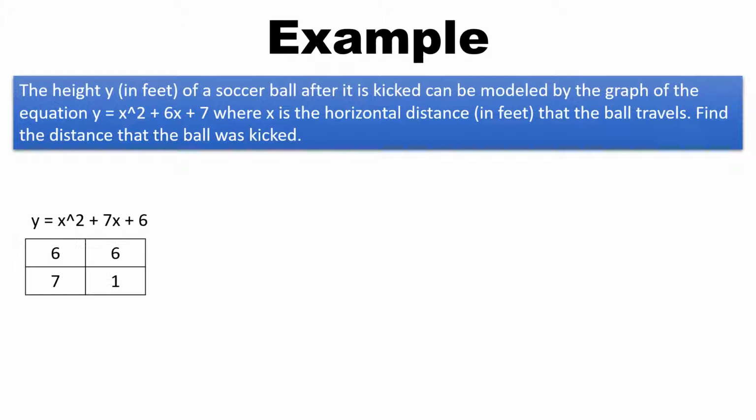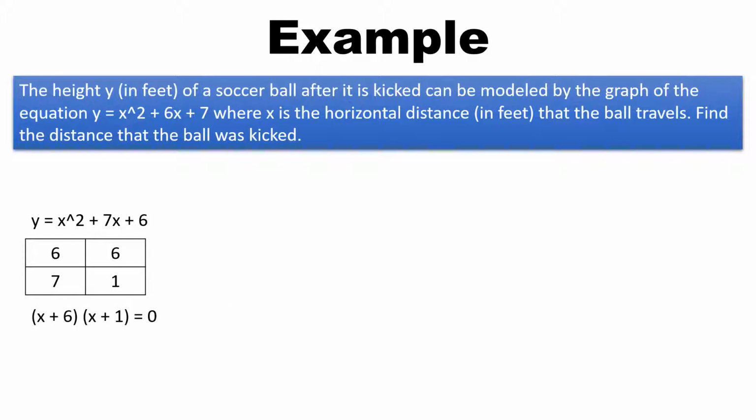Now you create your box that's divided into 4 parts, and you put the number on the right on top and the number in the middle under, and you get two numbers. If you multiply them together you will get 6, and if you add them together you will get 7. So those numbers are 6 and 1.